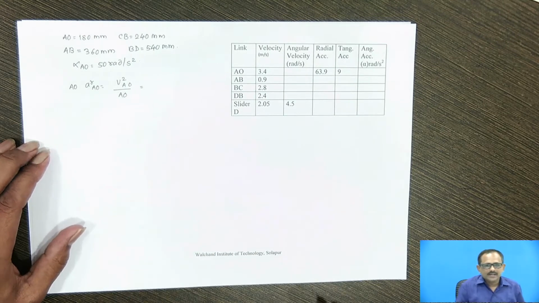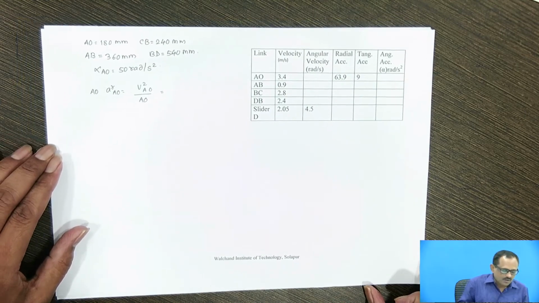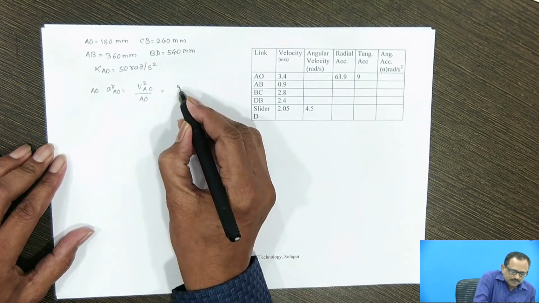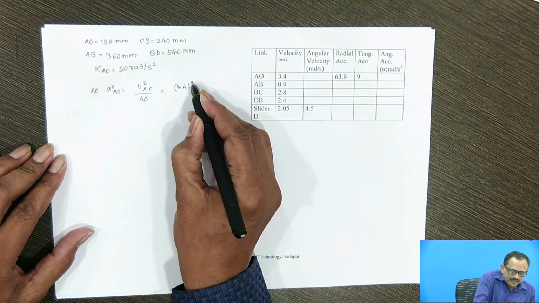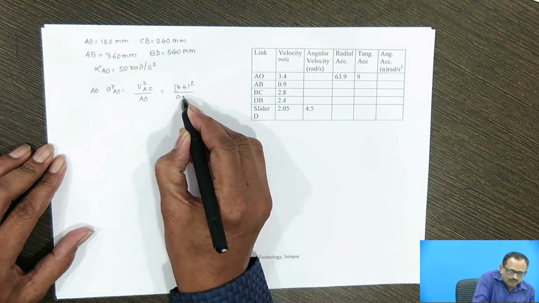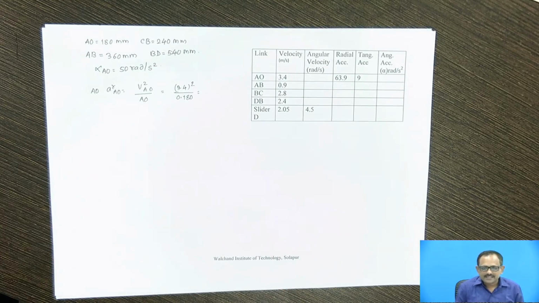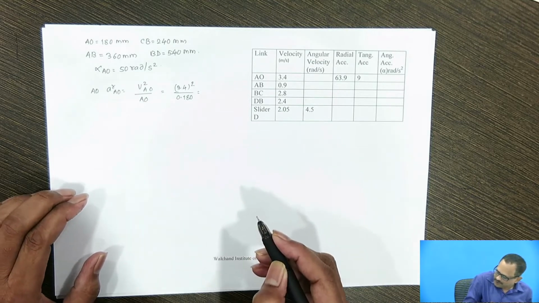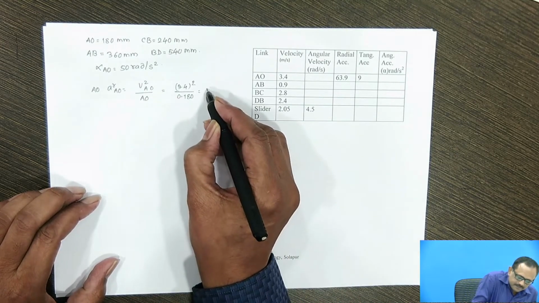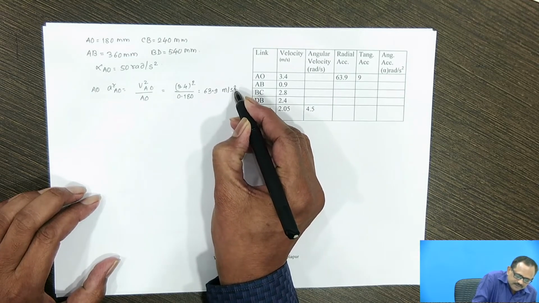The relative velocity of A with respect to O is 3.4 meters per second; its square divided by link length AO, 0.18, gives the radial acceleration of AO as 63.9 meters per second square.